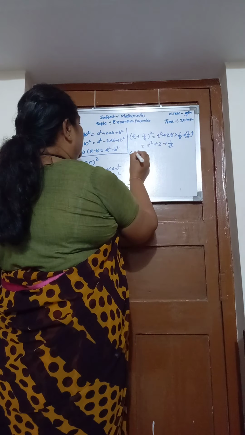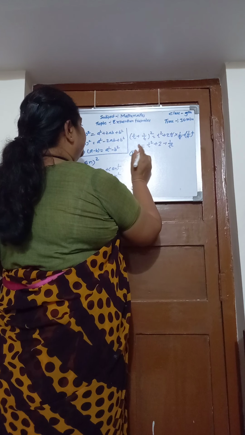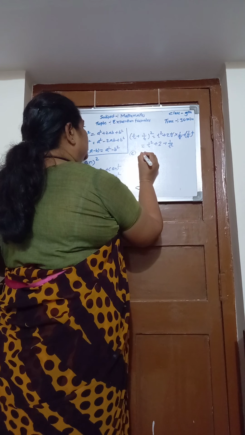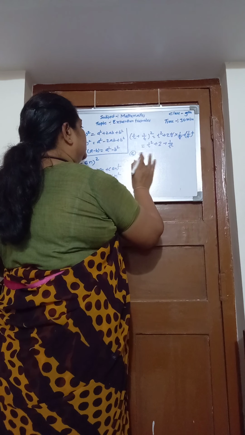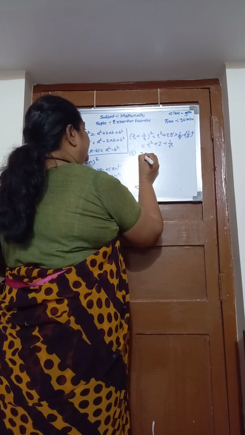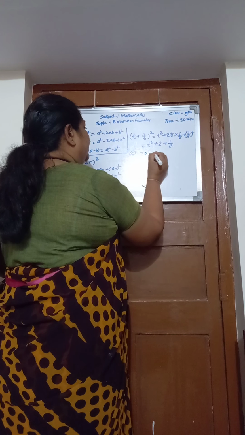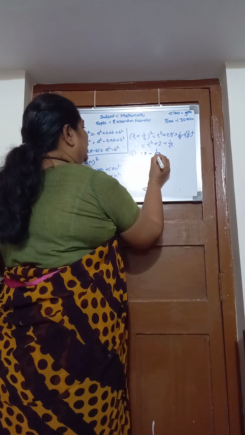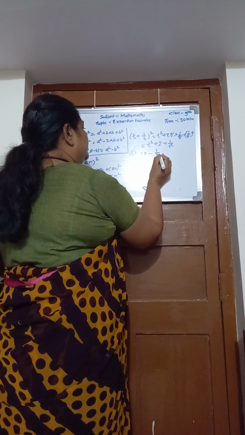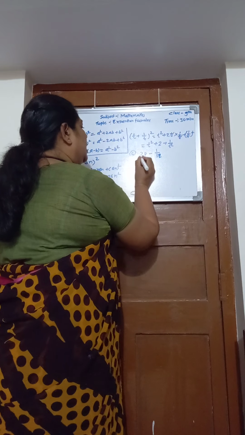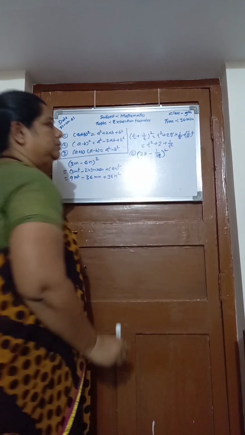I am giving you another problem also: 2p minus 1 upon 3q whole square. Square it.